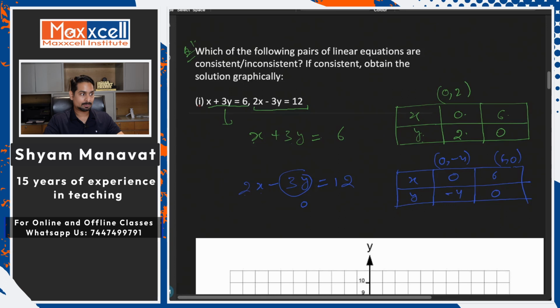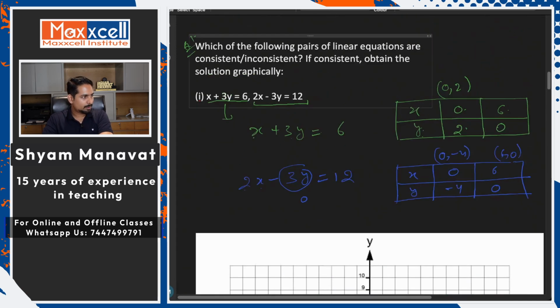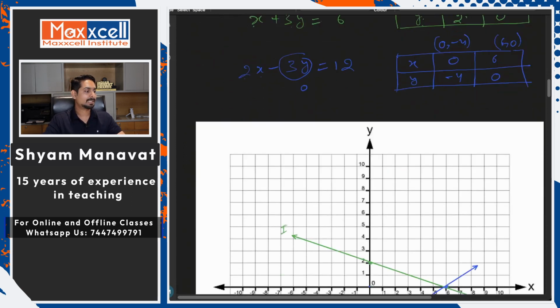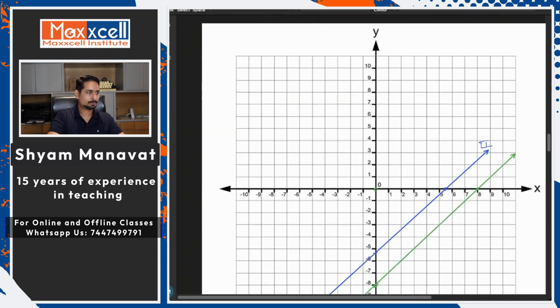Plotting the line on graph is a kind of revision. We have done this in the previous lecture also. But are you understanding this? When we have solved many questions like this to understand whether the lines are parallel, consistent or inconsistent, we realized one thing: if the slope of the line is the same, then, since the slope is the angle with the positive side of x, the inclination is the same.